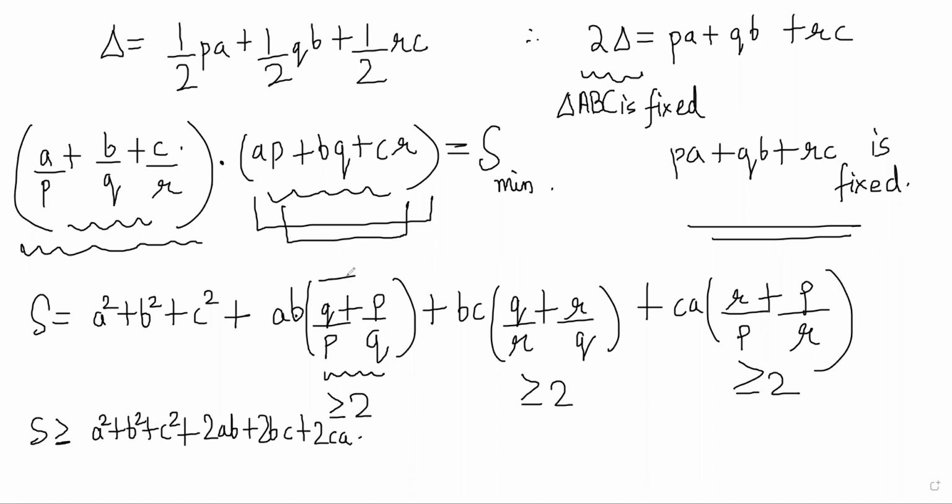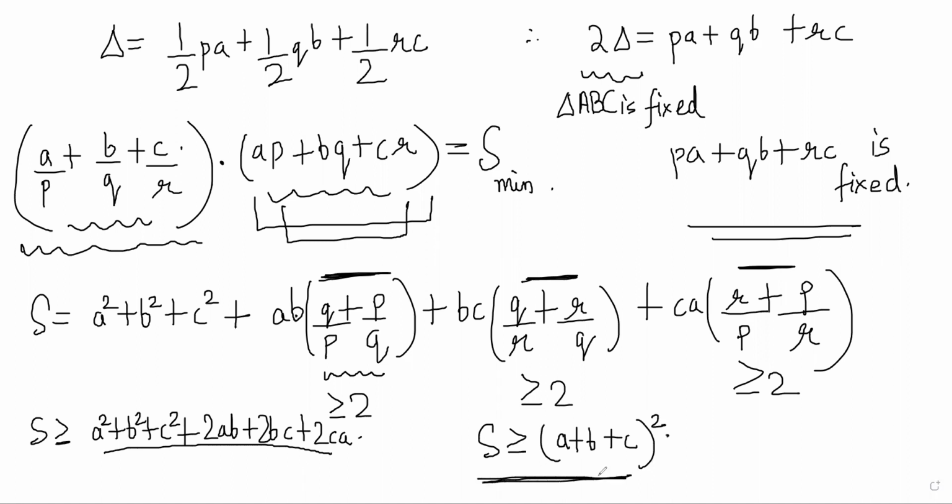Because we have taken the smallest possible values of these reciprocals, which is 2 by AM-GM. So S is definitely greater than or equal to this, which is basically A plus B plus C whole square. So S minimum should be equal to A plus B plus C whole square.